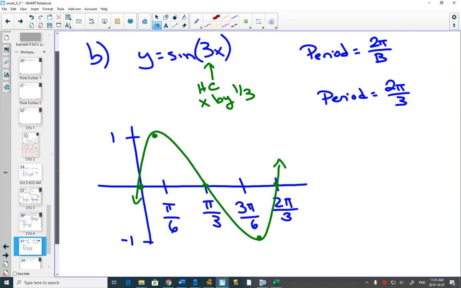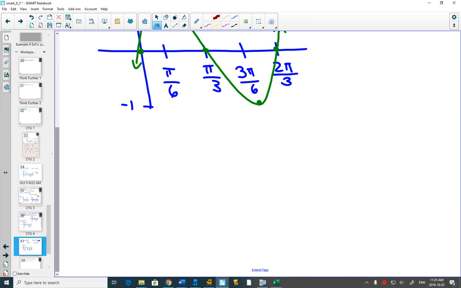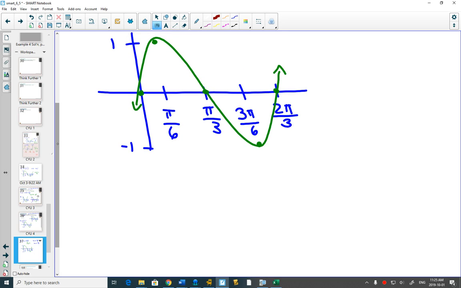And then finally, in part C, finally we get to the d value where we have a plus 3 afterwards. Now, that plus 3, from translations, we know that that's a vertical translation 3 units up.